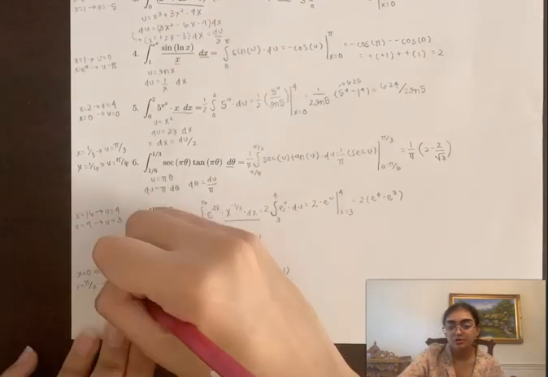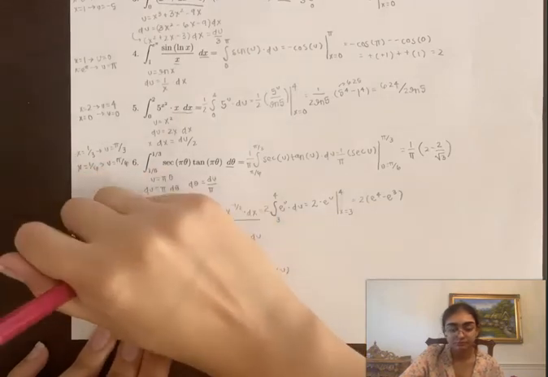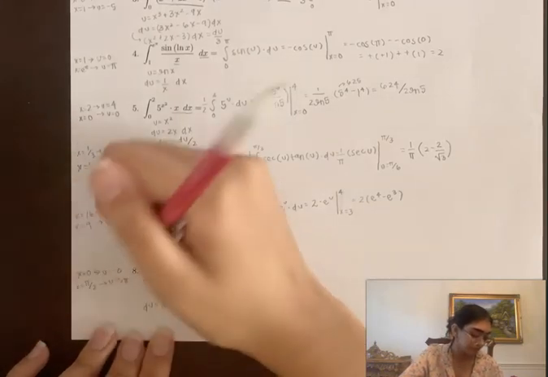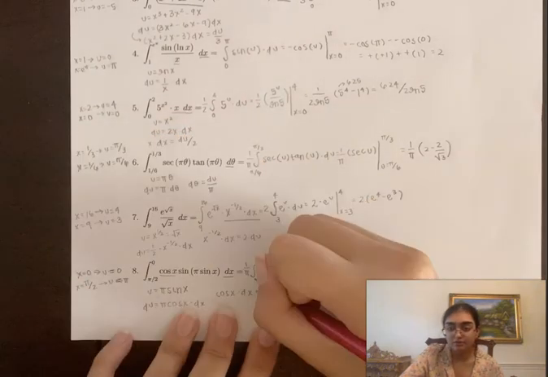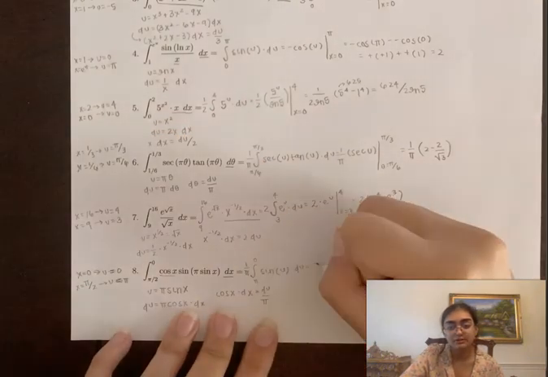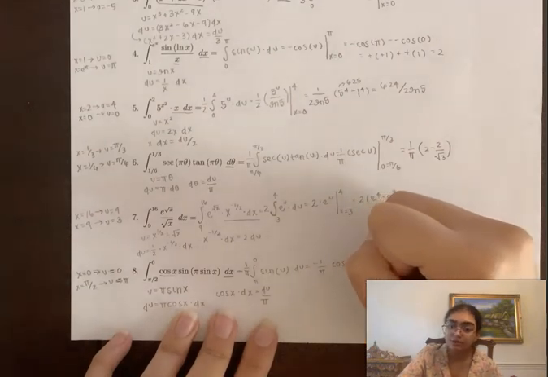So those are our 2 u values, 0 and pi. So we're just going to write that on our integral, and we've officially replaced all of our x's in this case. And we're going to take the antiderivative.